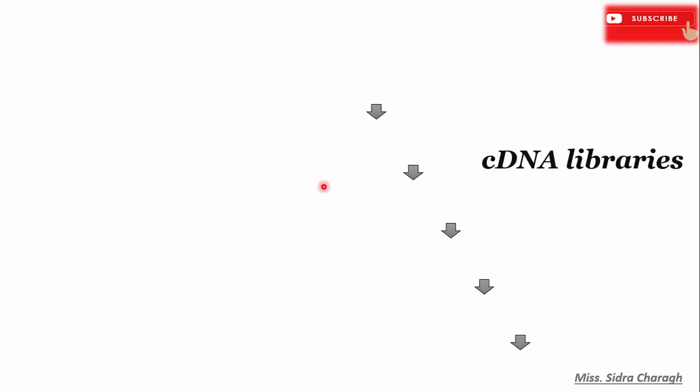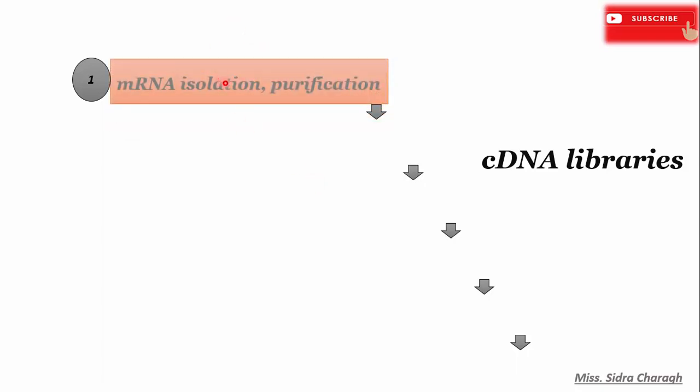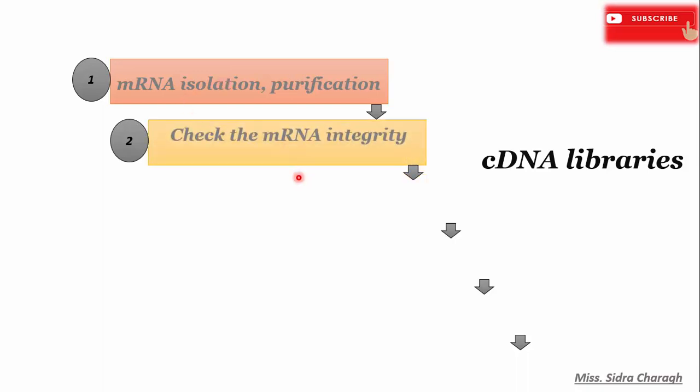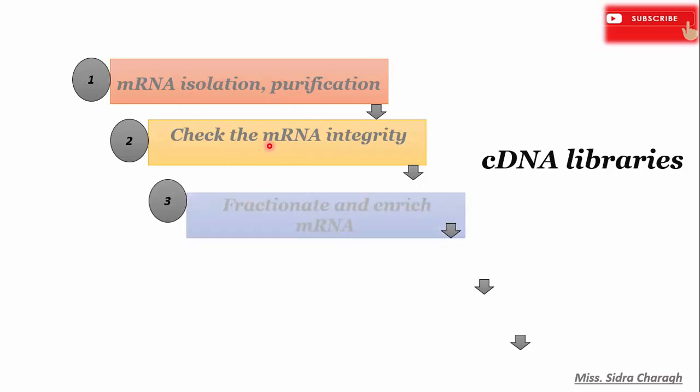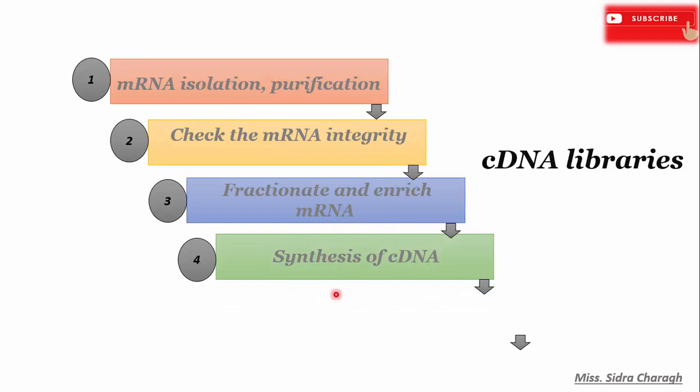Here are 5 basic steps involved in the construction of a cDNA library. First is messenger RNA isolation and purification, and second, checking the messenger RNA integrity, and then fractionation and enrichment of messenger RNA, and synthesis of cDNA. cDNA synthesis consists of first cDNA strand synthesis, then degradation of messenger RNA, and second cDNA strand synthesis.